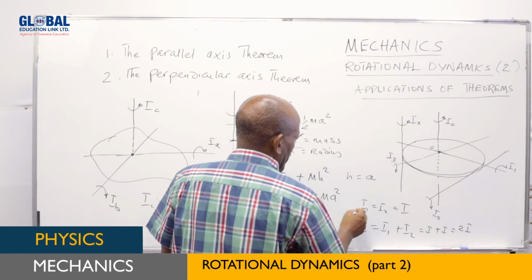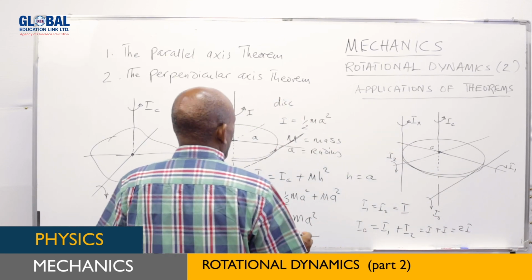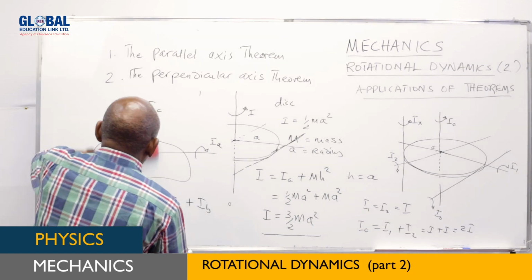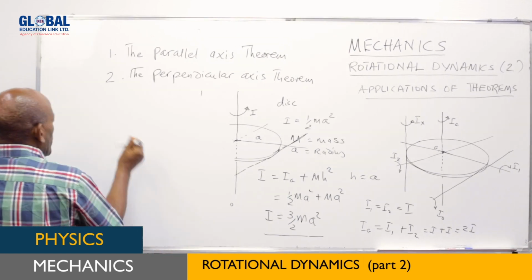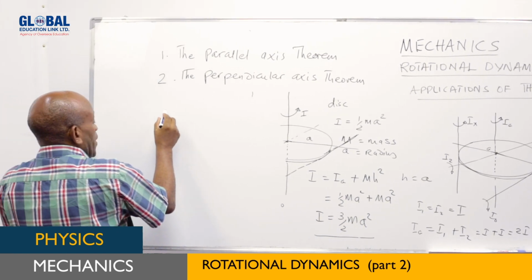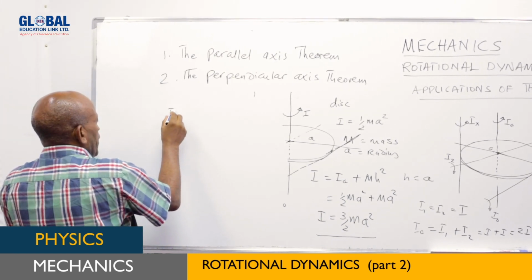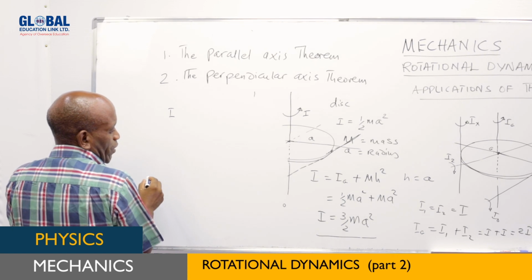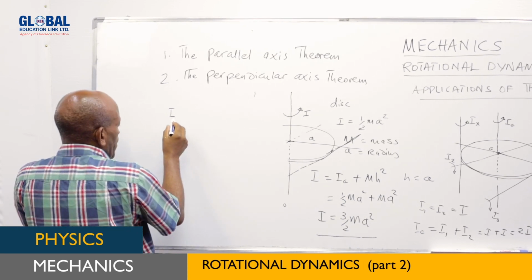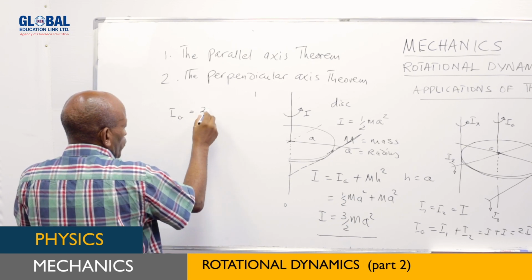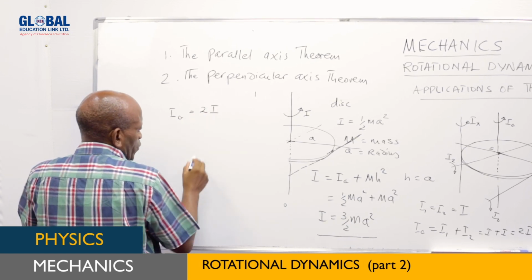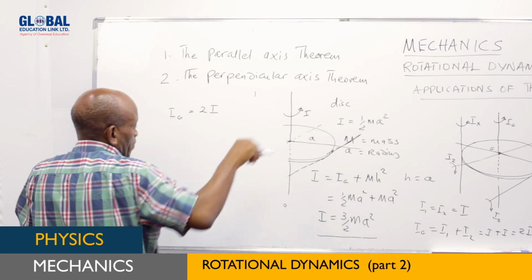But the moment of inertia through the center of gravity is just equal to a half times mass times radius squared. So by the perpendicular axis theorem, the moment of inertia through the center of gravity will just be equal to twice the moment of inertia of any particular axis that is passing over the plane.